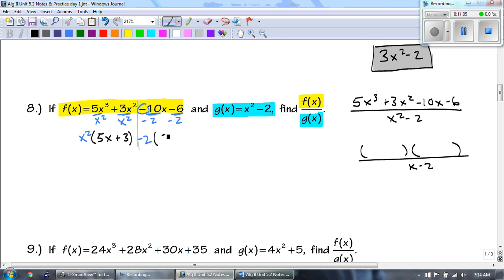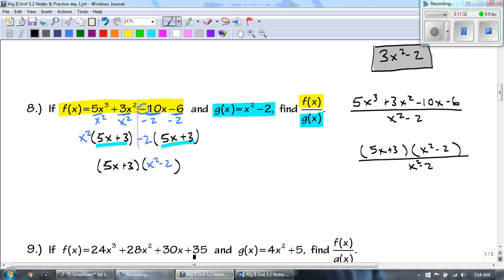Negative 10x divided by negative 2 is a positive 5x. Negative 6 divided by negative 2 is a positive 3. Remember, you know you're doing this right if those match. So I have 5x plus 3 and x squared minus 2.